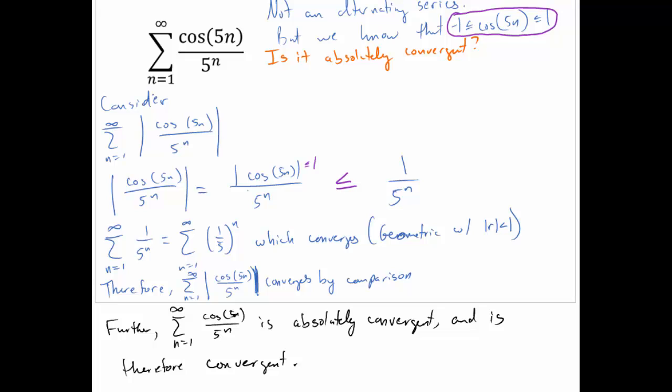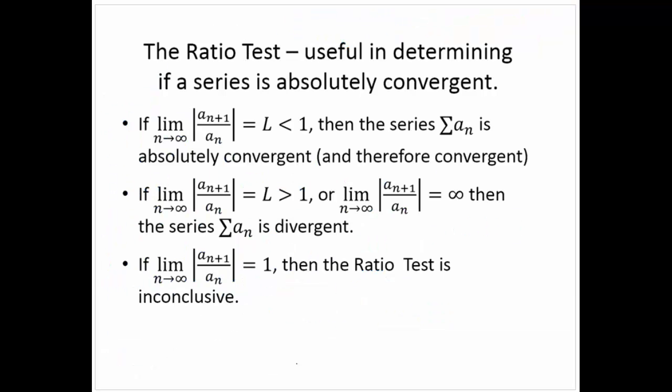Now we're going to learn about a couple of tests that are very useful in determining if a series is absolutely convergent. The first of these tests is called the ratio test. We're going to use this test frequently in a later section where we learn about a type of series called a power series.